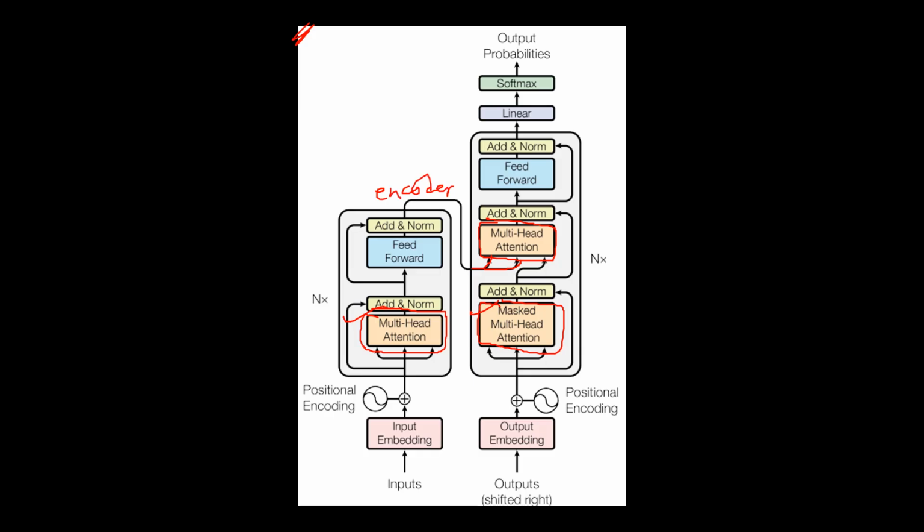And the key and the value are coming from the encoder side, and the query is coming from the decoder side. So this is cross attention. So self attention, multi-headed attention, and cross attention, we learned about all of them.